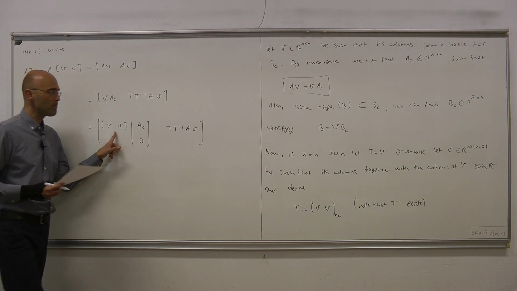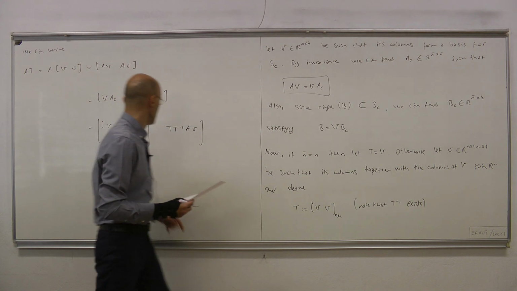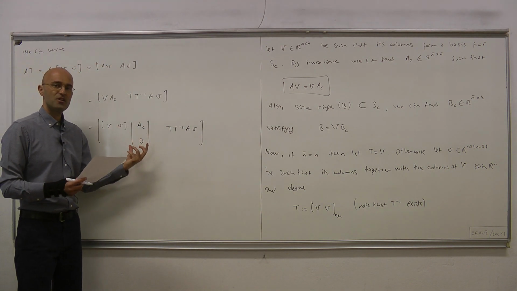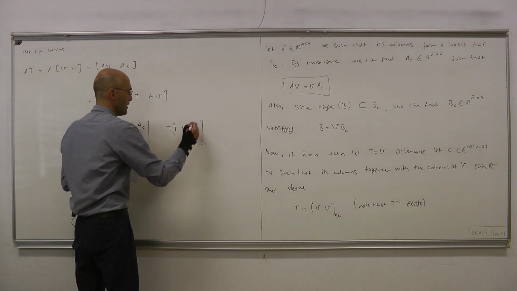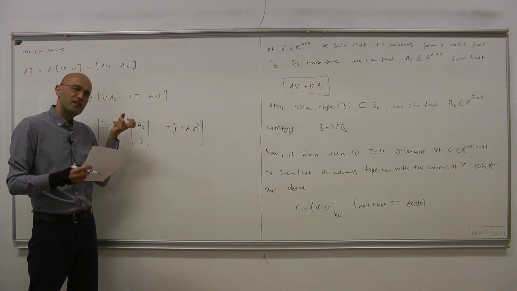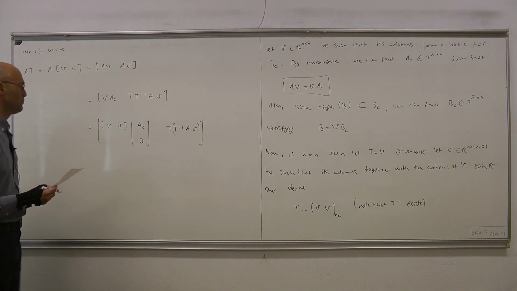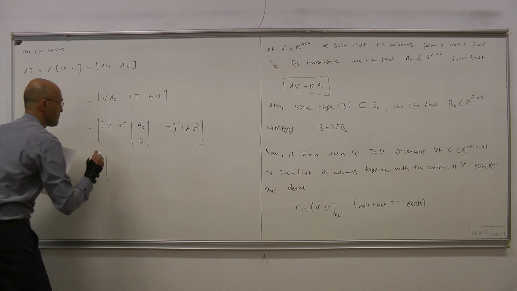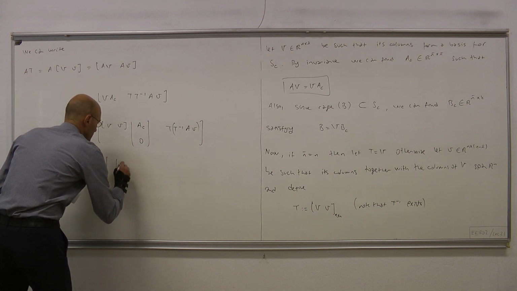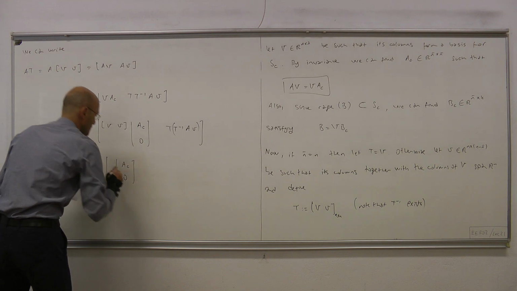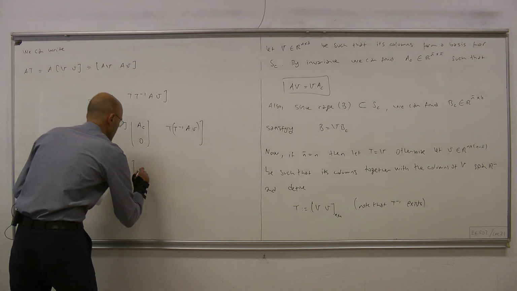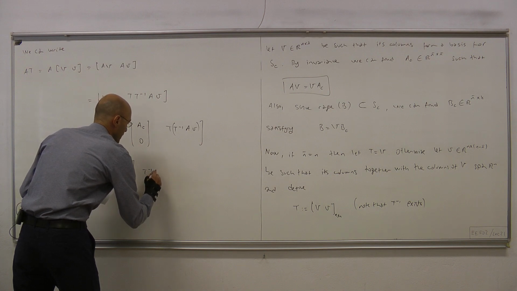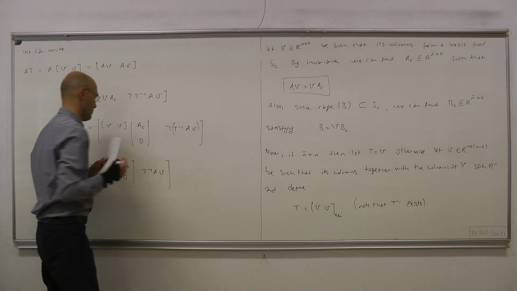Note that this VU is no other than T. So here we have T times something, and here again we have T times something, therefore we can take that T outside the brackets. And that allows us to write the following: T times AC, 0, and we have here T inverse AU.